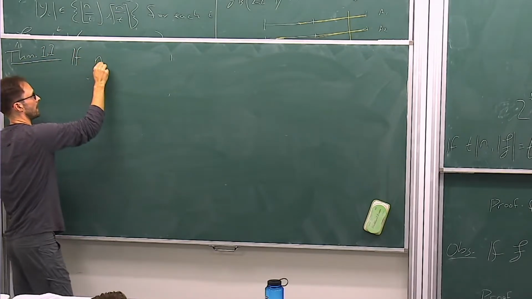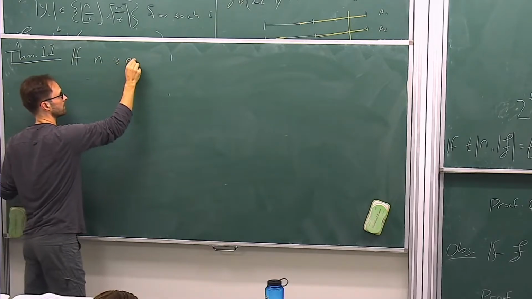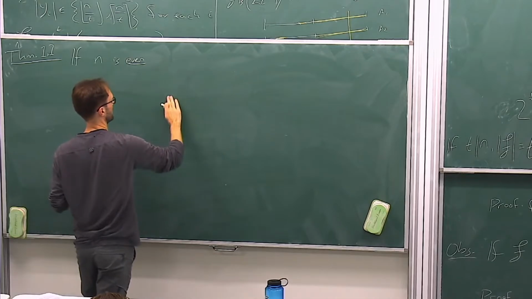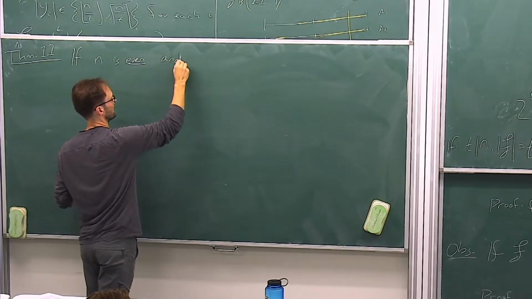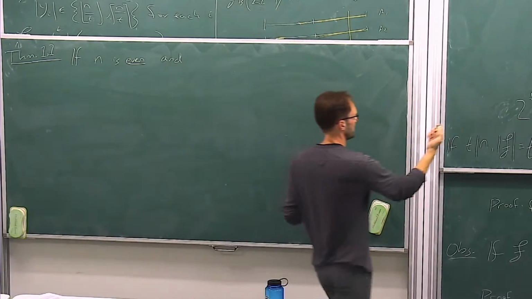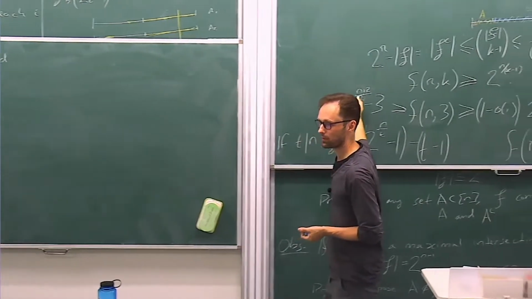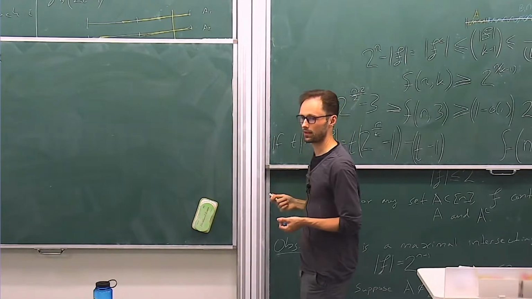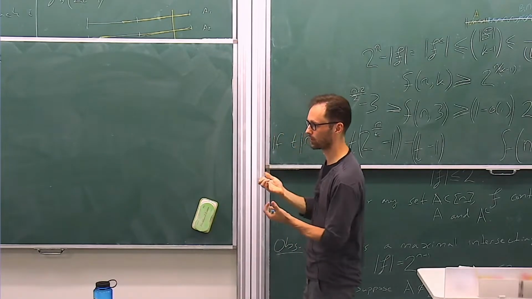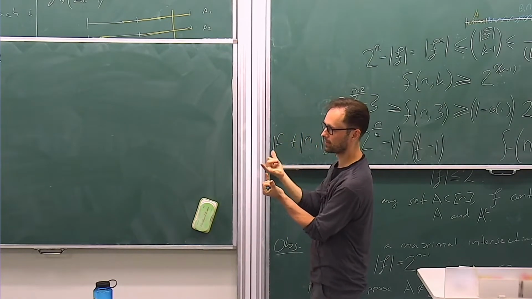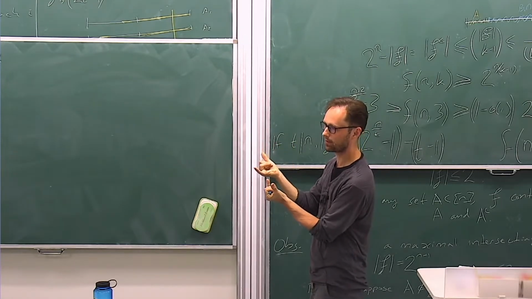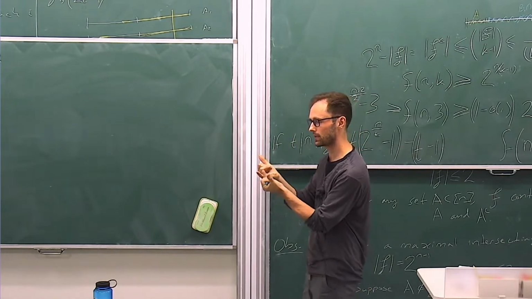If n is even, for this calculation here, I assumed n was even. And in fact, we don't get the same constant if n is odd, because there we get ceiling of n over 2 and floor of n over 2, all subsets of a set of size ceiling of n over 2 and all subsets of a set of size floor of n over 2.